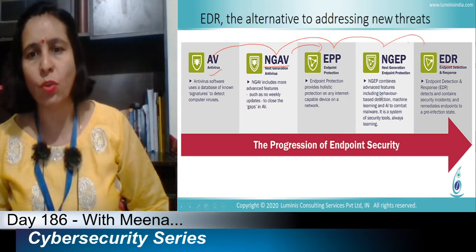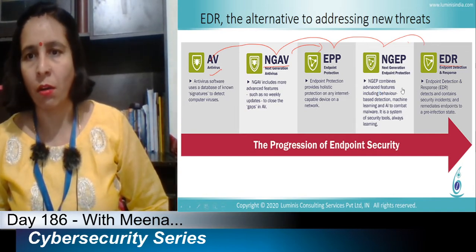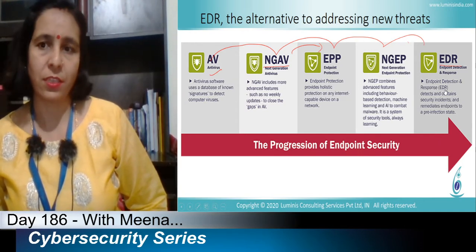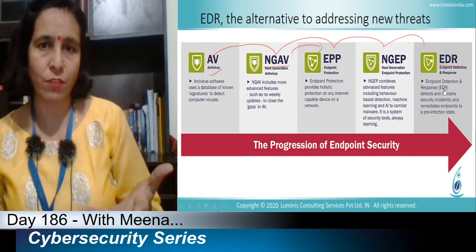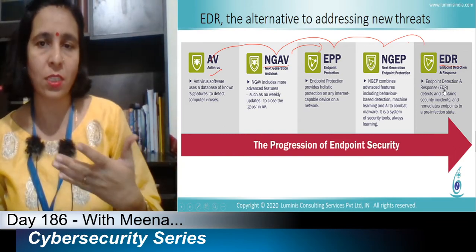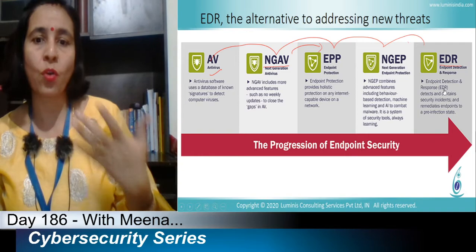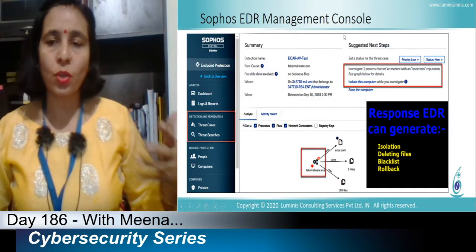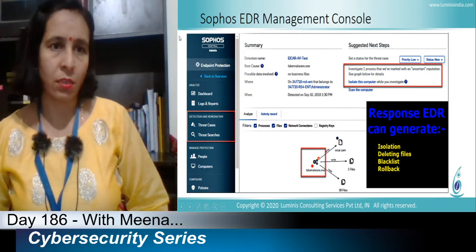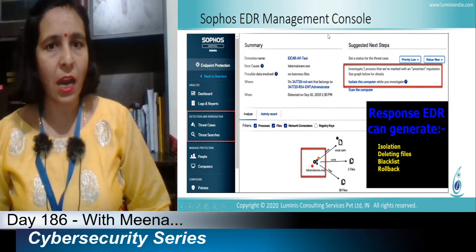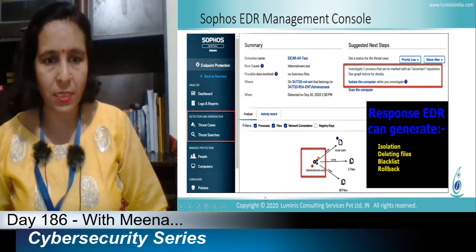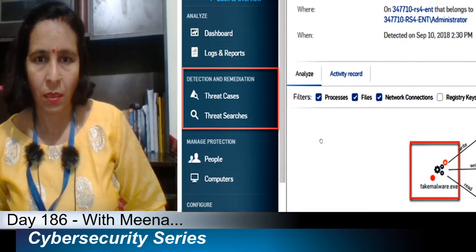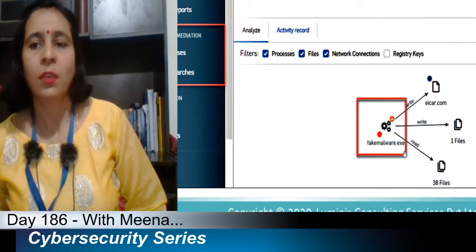Here you can see what is so special about EDR services, and how it is better than the normal antivirus service. You can see here the Sophos EDR management console. Here it is performing some processes to find the malware file.